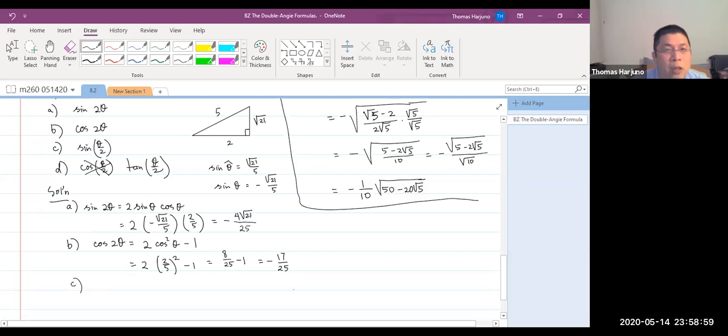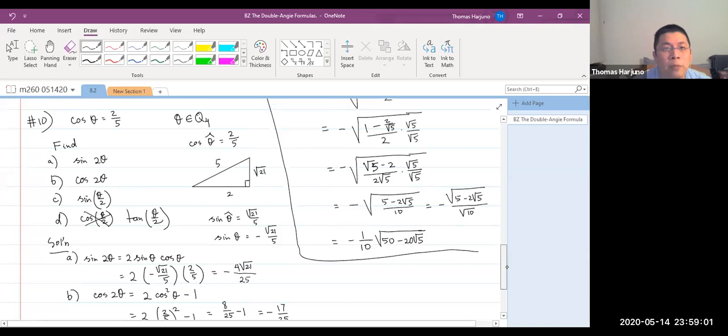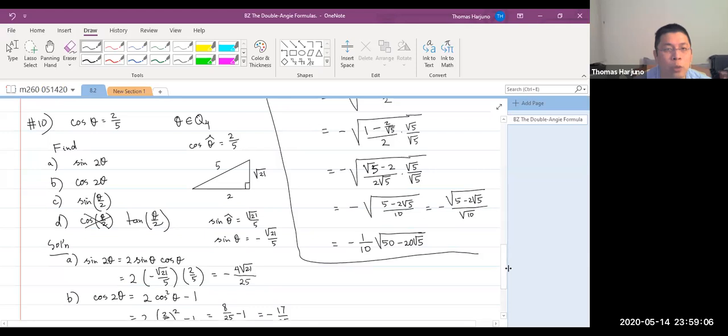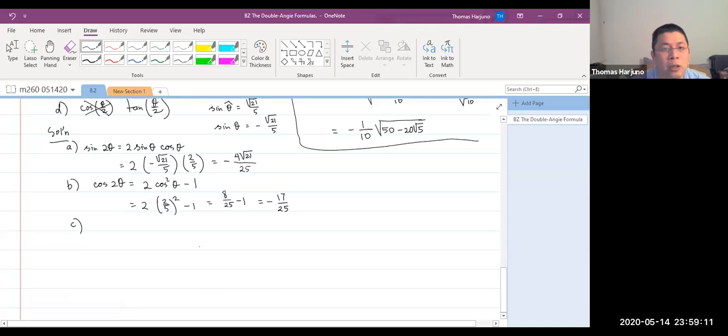Part C, I need to decide which quadrant the theta over 2 is located. So let me first say that theta is in quadrant 4, therefore theta is between 3 pi over 2 to 2 pi. So when I divide by 2, this is pi, this is 3 pi over 4.